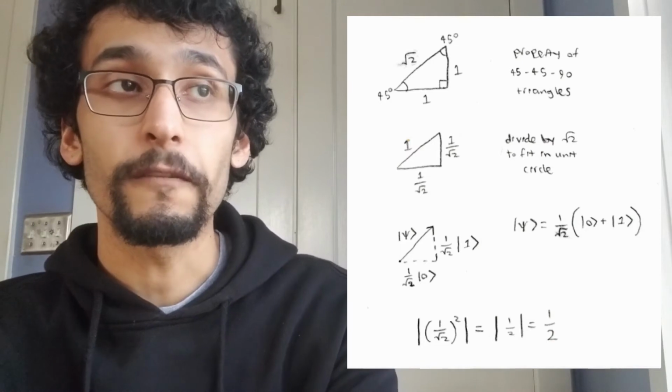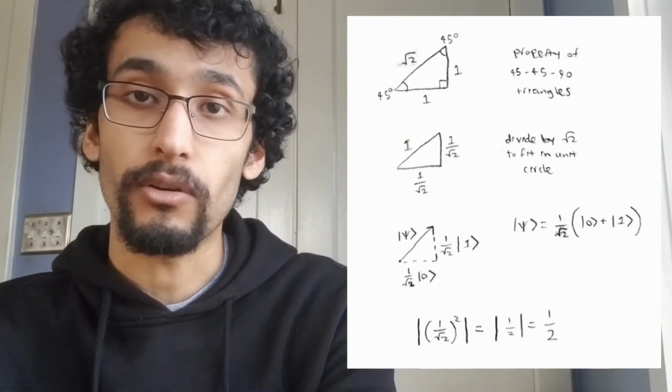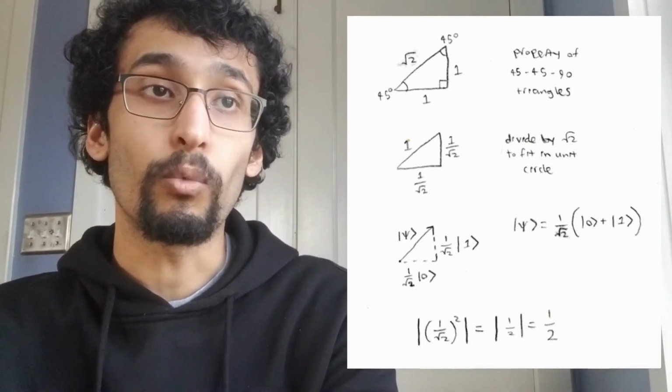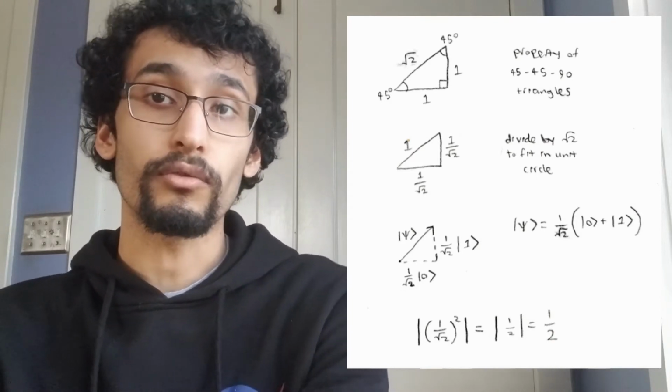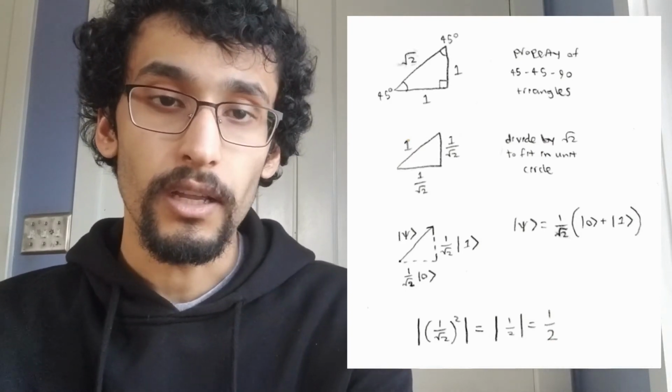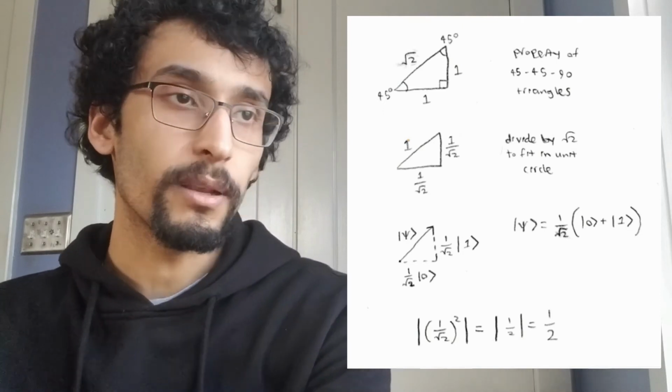So we already know you can get to that by adding up your basis vectors. For example, if you were right in between 0 and 1, then it would be 1 over root 2 of 0 plus 1 over root 2 of 1. And I'll have some graphic up on the screen to help explain why that is.